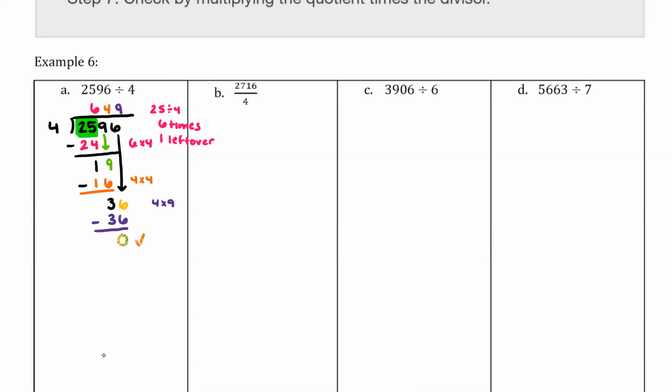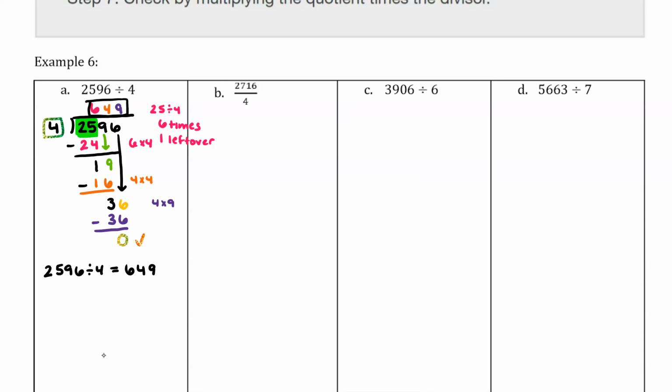And once I get to a number which is smaller than my divisor, I can stop. So the answer to the question, what is 2596 divided by 4, that's equal to 649.